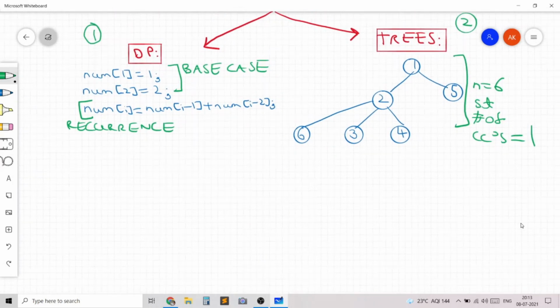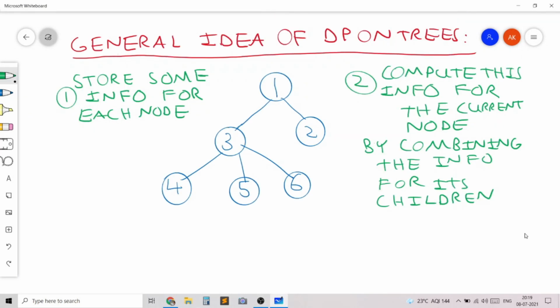And now let's look at the general approach to solve any DP on trees problem. If I have to describe DP on trees in two simple points, I would say that the basic idea behind every DP on trees problem is that we store some information for each node in the tree, and we compute this information for the current node by combining the information for its children.